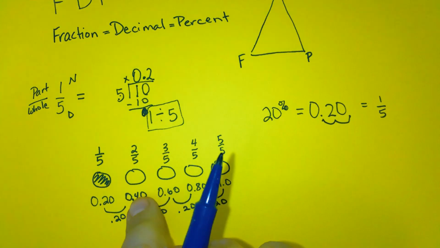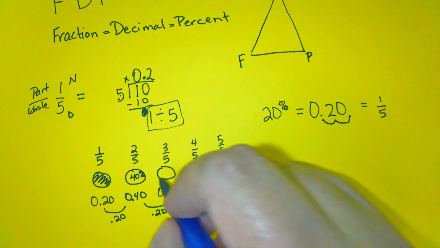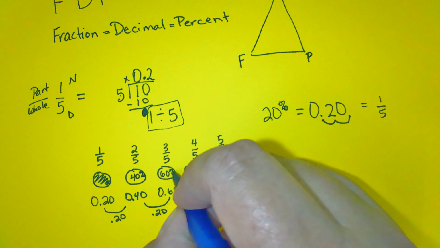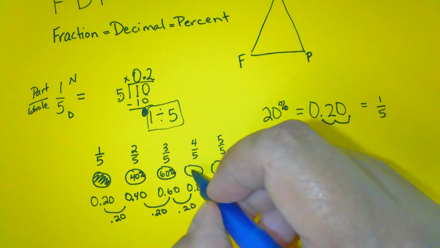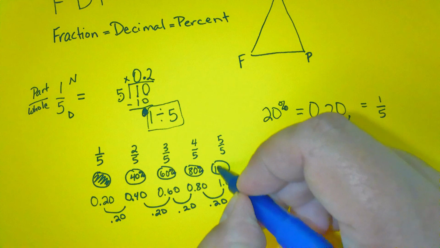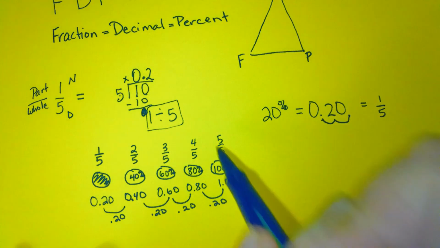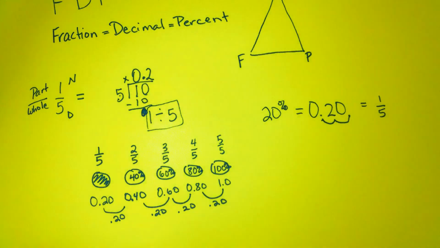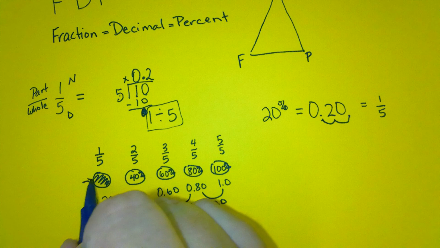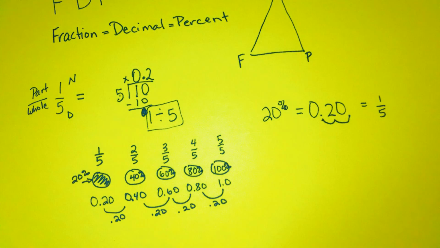So 2/5 would be 40%. 3/5 would be 60%. 4/5 would be 80%. And 5/5 would be 100%. If you have 5/5, you have a total of 100%. And I'm just going to put a little arrow here and write that this is actually 20%, the shaded part. Okay?